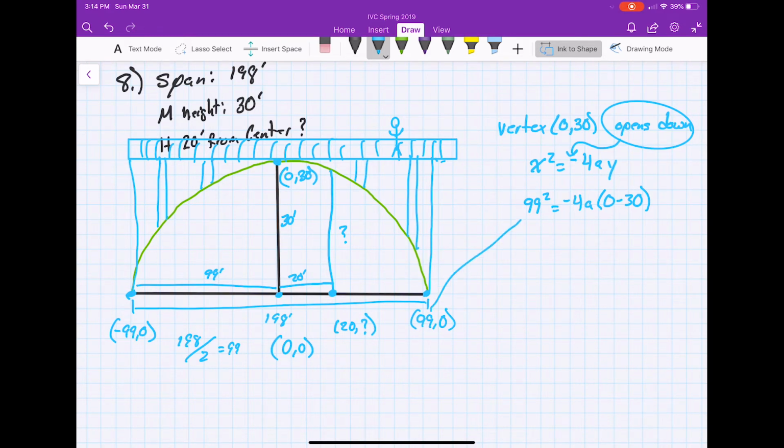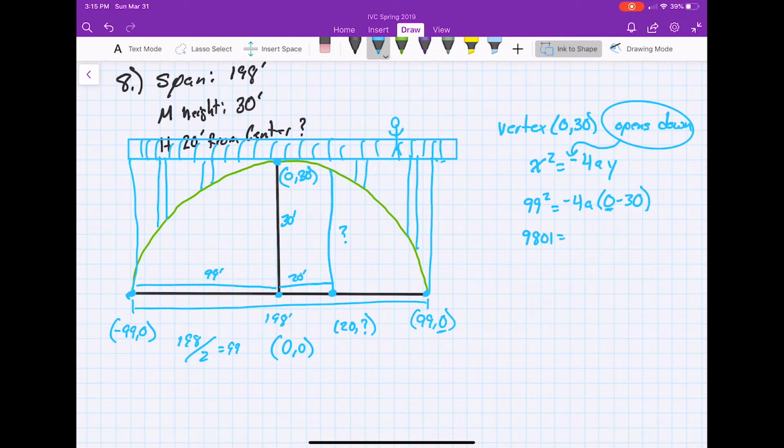So 99 squared, calculator time, 9801. That 0 there really didn't come from this 0. It came from the one on the vertical axis.